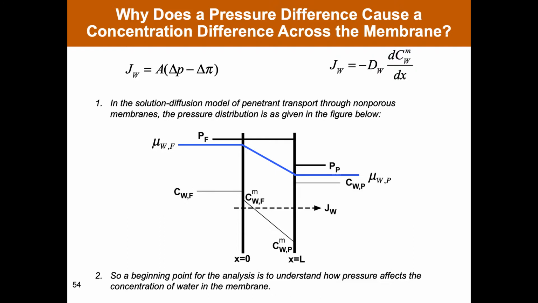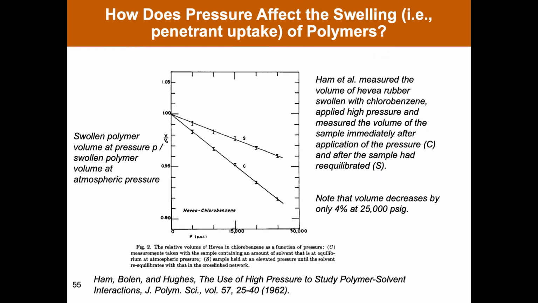Based on the Rosenbaum and Cotton work and this work that I've shown you by Don Paul, one of the beginning points here is to understand how pressure impacts the concentration of solvent or the concentration of water dissolved in a polymer. And these are studies from Ham and colleagues from the early 60s.